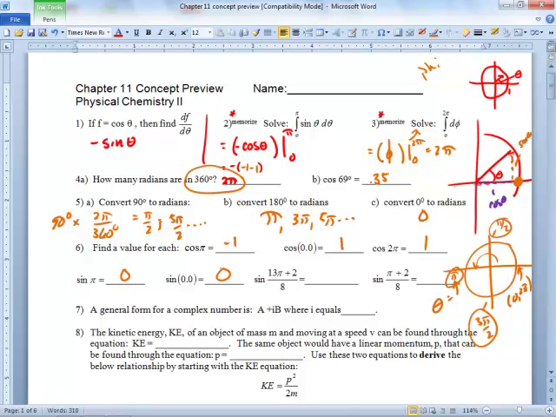Oh, I guess. I just made it up. -0.8 radians. 13 pi plus 2 over 8. Anybody else get that? -0.8 is what folks are getting.